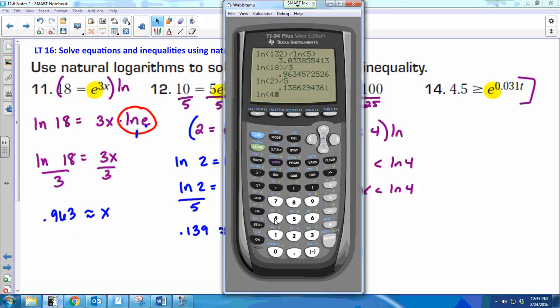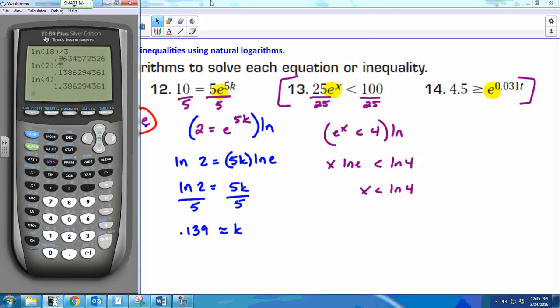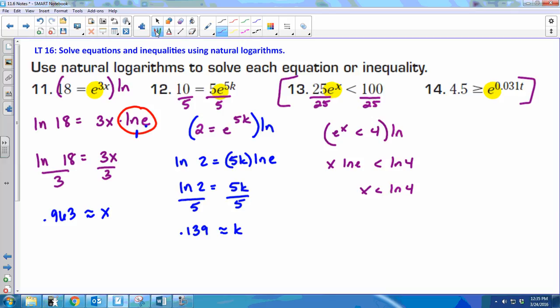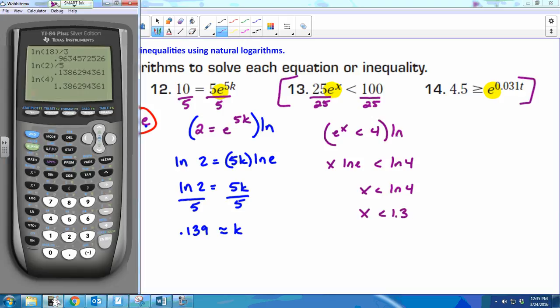I bet you can. So ln of e is always 1. Yeah, the natural log of e is always 1.